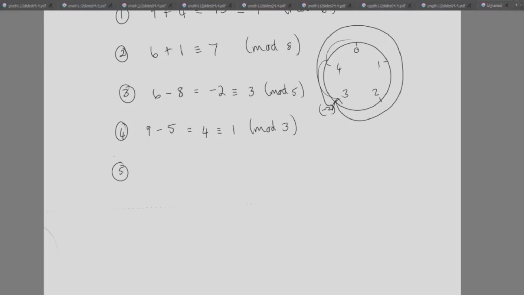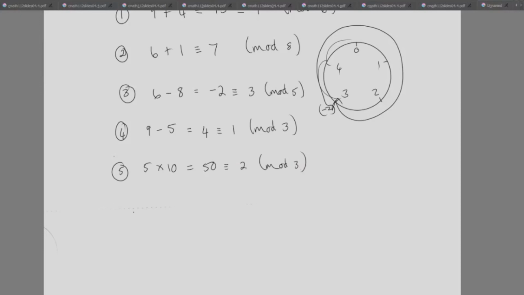Number 5 is 5 times 10 mod 3. 5 times 10 is 50. What is it mod 3? So when I divide 50 by 3, what is left? Well, I'm going to use 48, and 2 will be left.